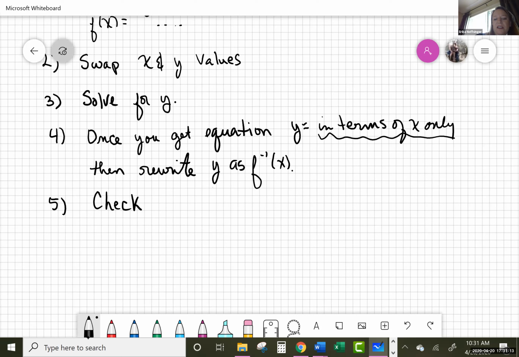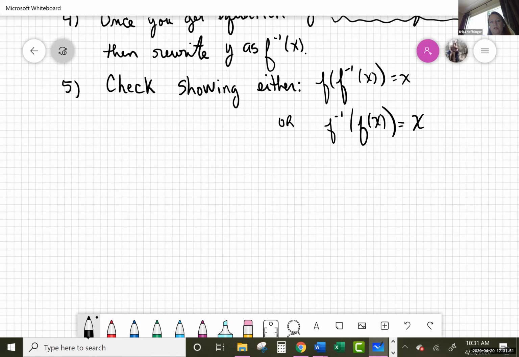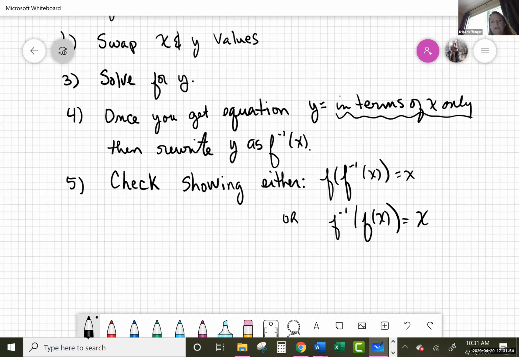So check by showing either f of f inverse of x equals x, or f inverse of f of x equals x. You just copy if you need to.